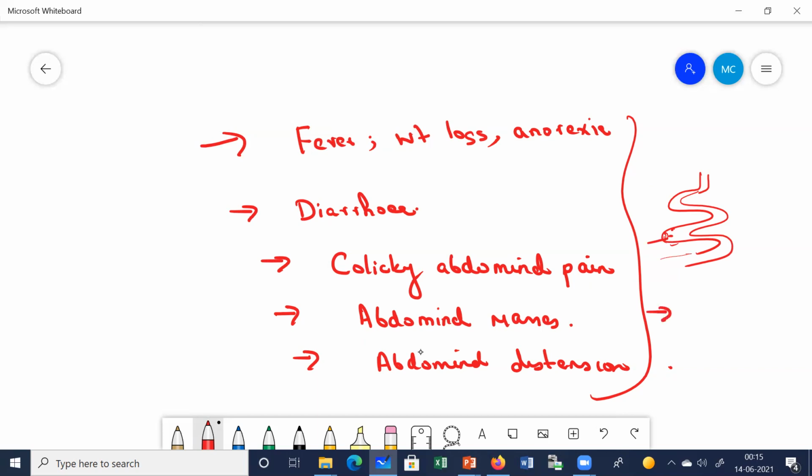Intestinal perforation is a very common complication. What else? Hemorrhage. And as I told you, when these ulcers start healing, strictures develop. Stricture will cause narrowing of the lumen, and that can cause intestinal obstruction.